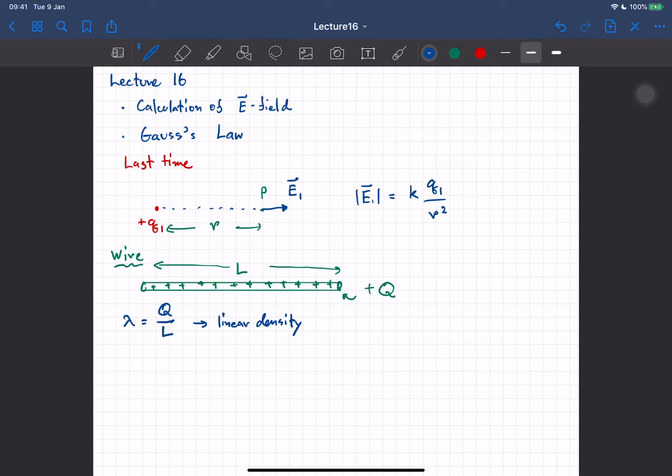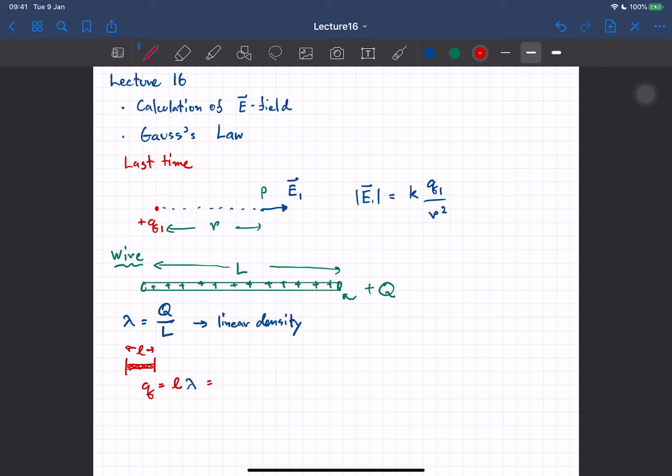So it's just the total charge divided by the length of the wire, right? So if you take a section which is the length small l from the wire, how much charge do you have in this small section, let's say small q? Well, it's going to be equal to the length, small l, times the charge density, which is lambda.